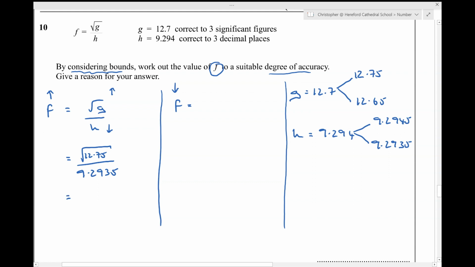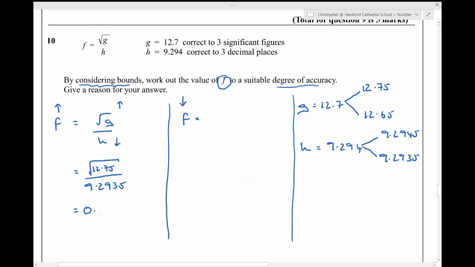I'm going to use my fraction and then square root on the top, square root of 12.75, and on the denominator 9.2935. Okay, and that gives me 0.384216, and so on.